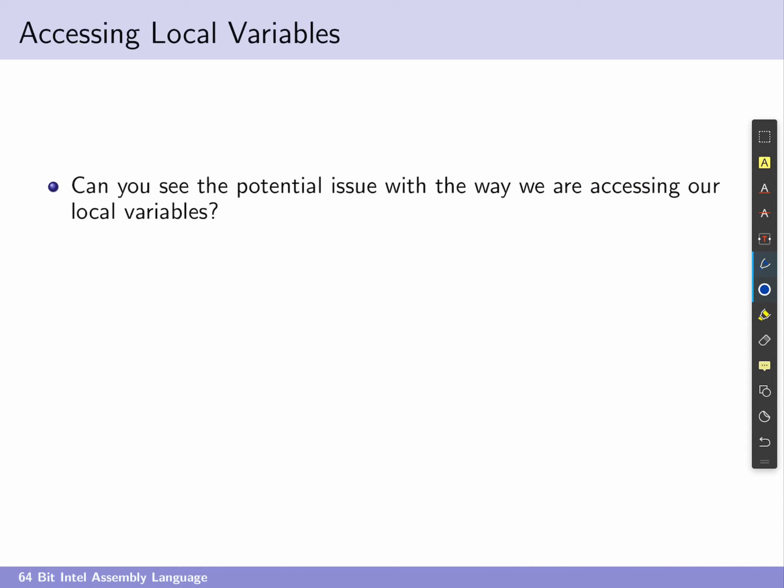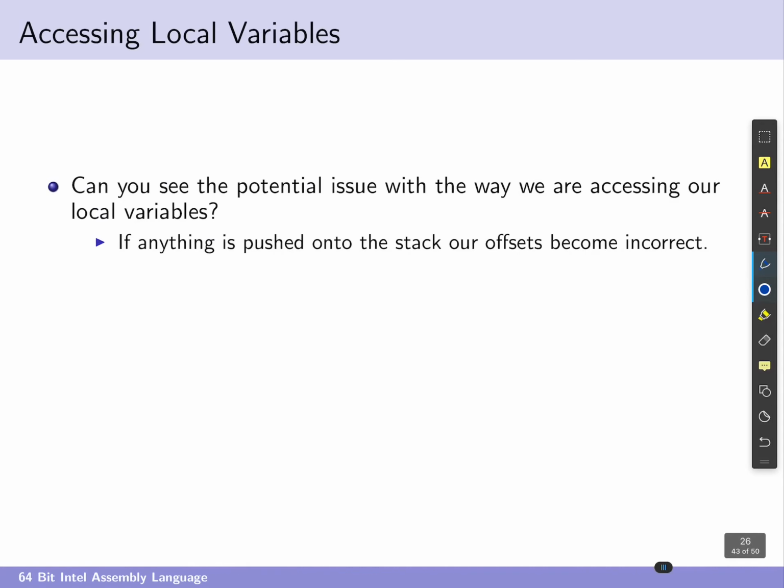Okay, so once you've thought about that for a minute, I'm going to now say what the issue really is. The issue comes in is if anything is pushed or even popped from the stack, our offsets will suddenly not be correct because we were using RSP plus a specific value. But now if somebody performs a push operator, it changes what RSP is, and the same with pop, which means my offsets will now suddenly be wrong.